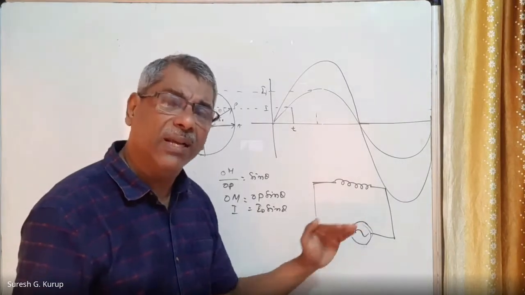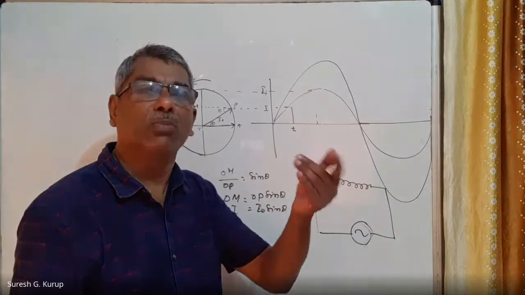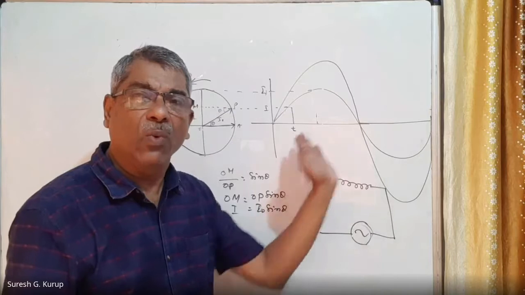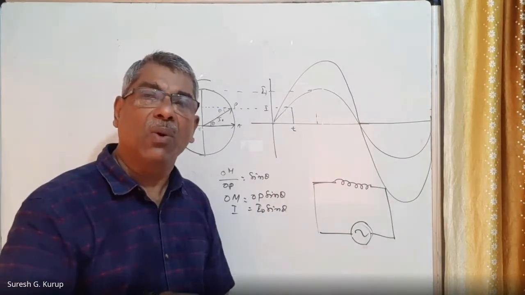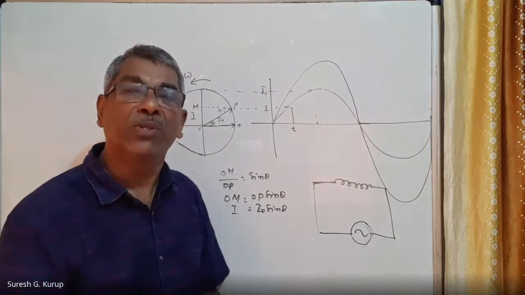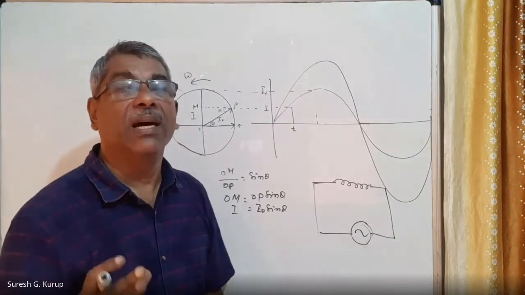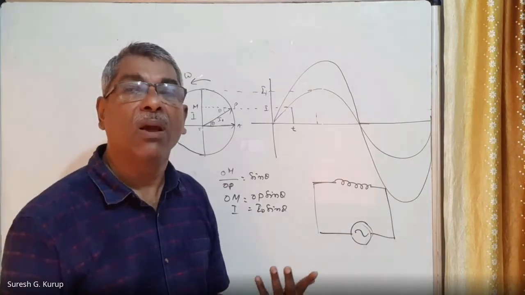So what happens? The current increases gradually and becomes maximum. Already the voltage has gone, but the current passing through the coil is not increasing to the maximum very soon. We can say that the current is lagging behind the EMF by an angle.